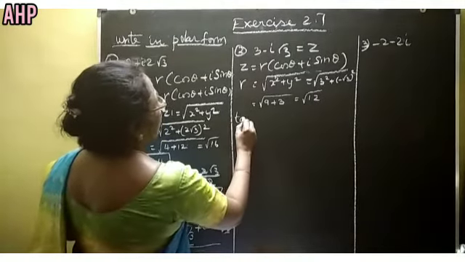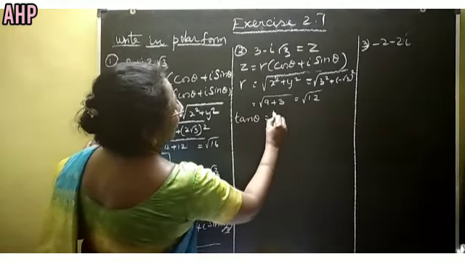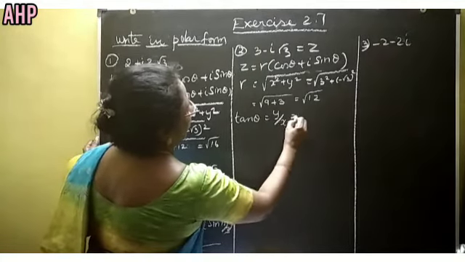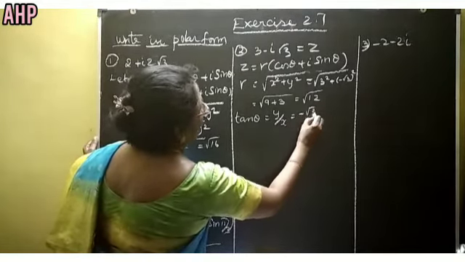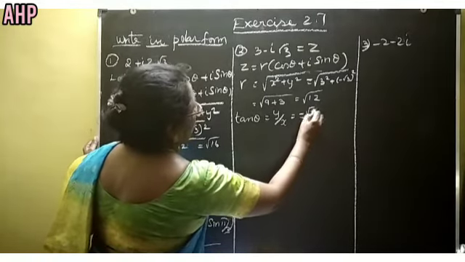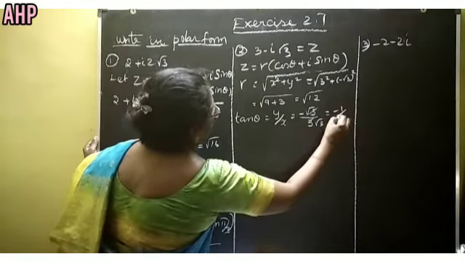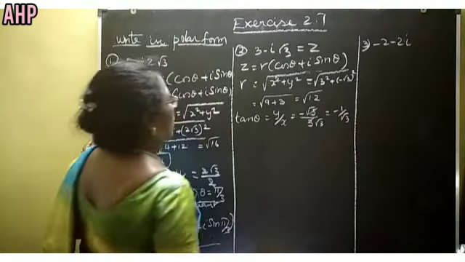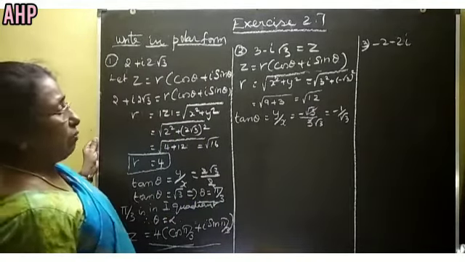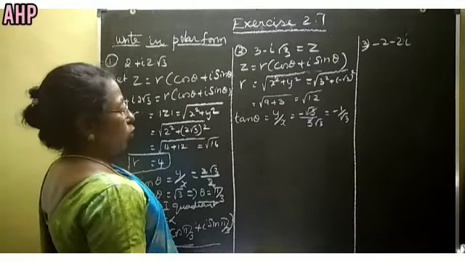Now tan theta is equal to y by x. Now y value is your minus root 3 and your x value is 3. So root 3 cancels. So this is equal to minus 1 by root 3. Tan theta is negative in the fourth quadrant.